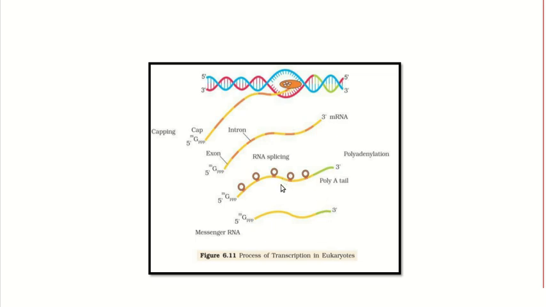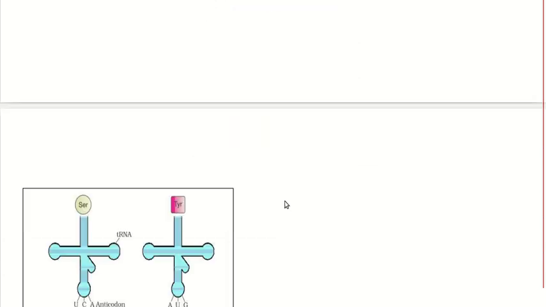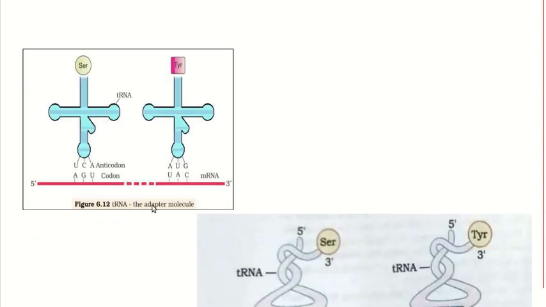So RNA splicing removes the introns and retains only the exons, which have the coding sequences. Again, this can be asked for 5 marks with description, or just a diagram for 3 marks. They might ask you about the process of transcription in eukaryotes. Write a neat diagram.